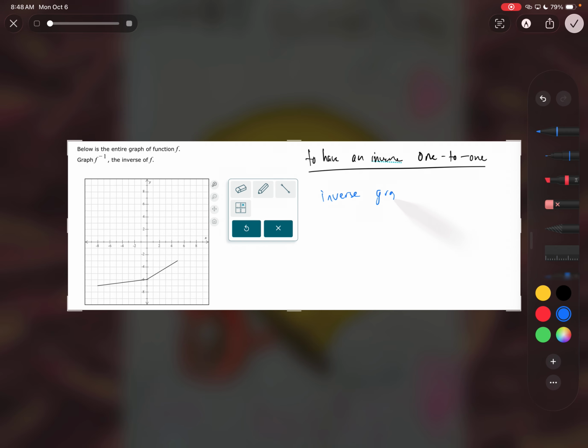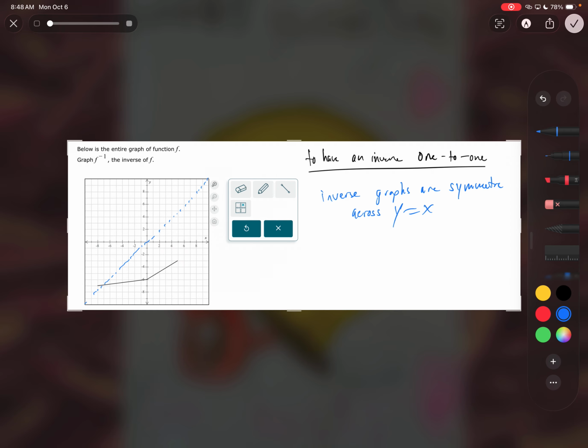Inverse graphs are symmetric across y equals x. So when we get done with this, our graph will be symmetric across that line right there.